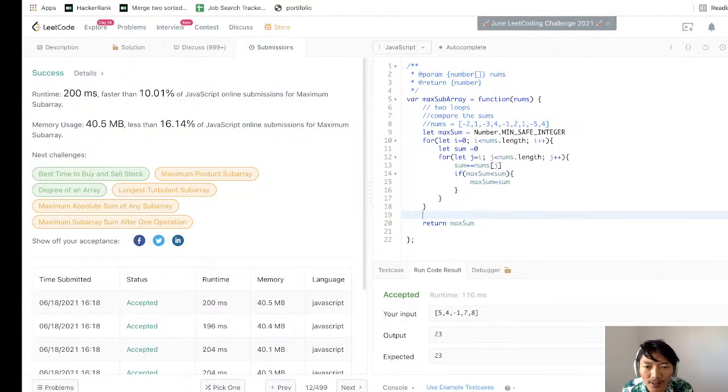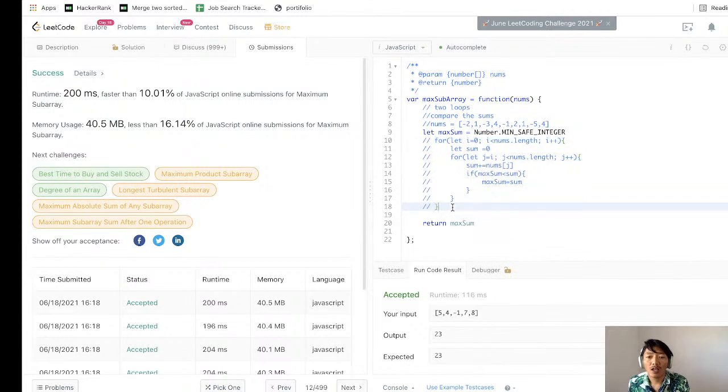So let's say, okay, let's comment this out for now. And let's say let total equals 0. Initially it equals 0.